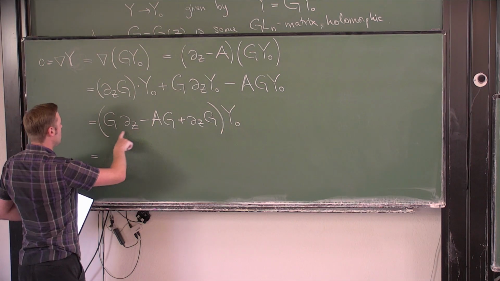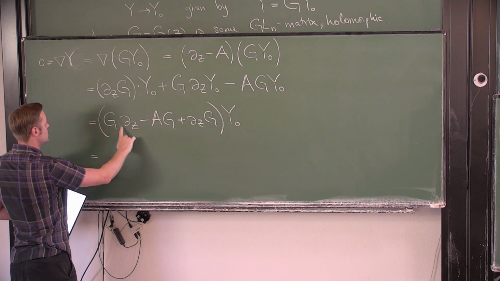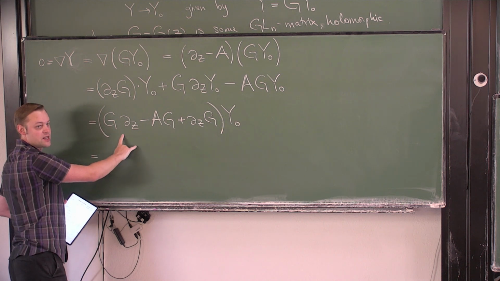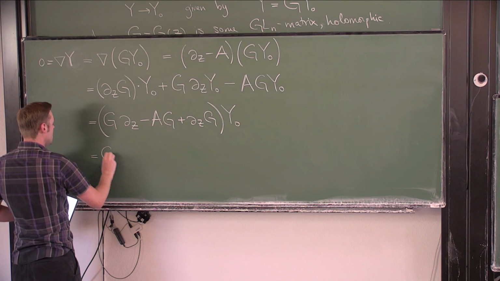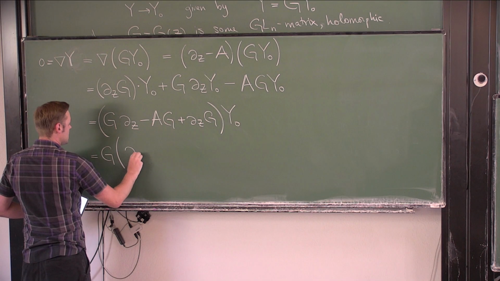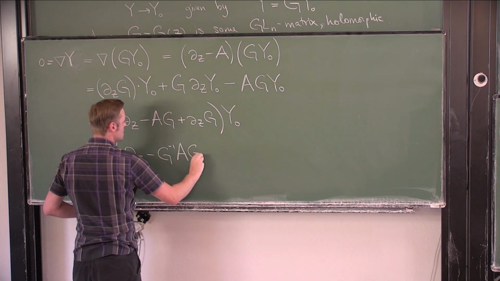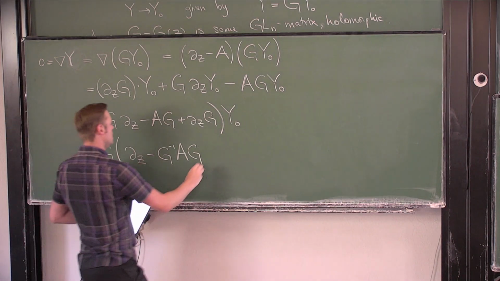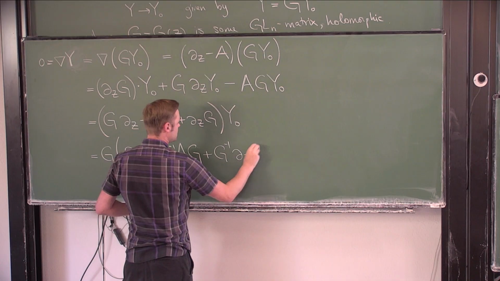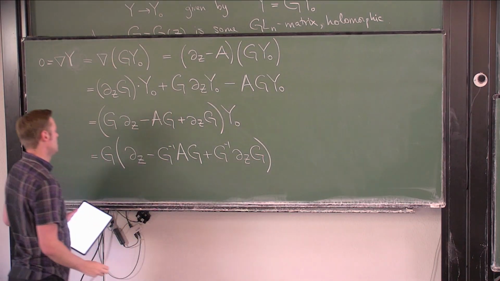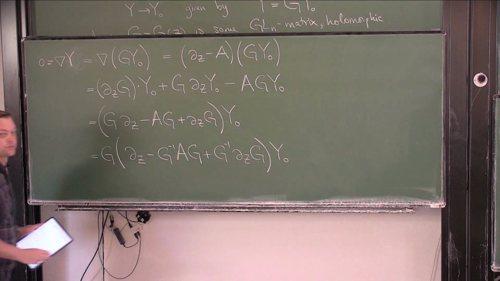So now what let me do is factor out G. I just want del z as my differential part, so I'll factor out G. And what I have is del z minus G inverse A G plus G inverse del z G acting on y naught.